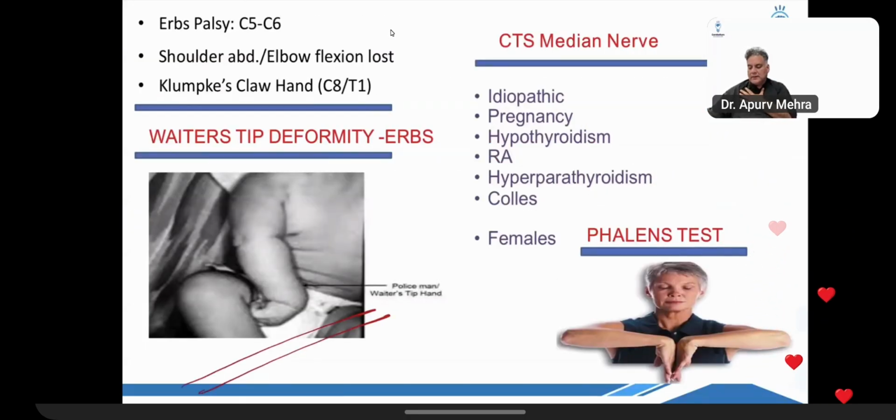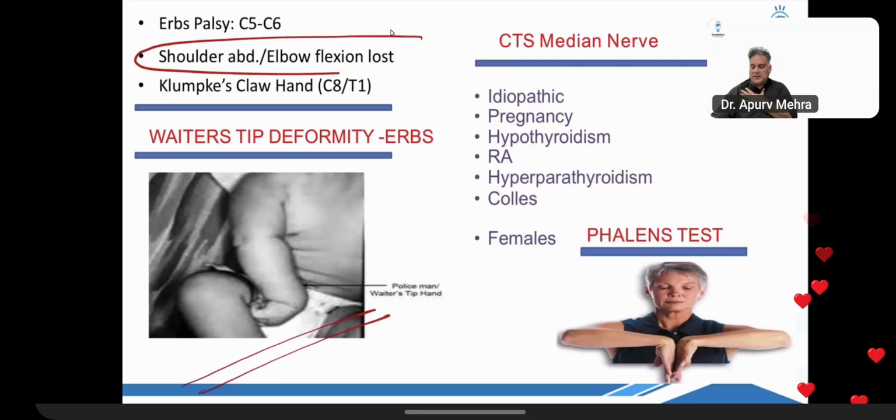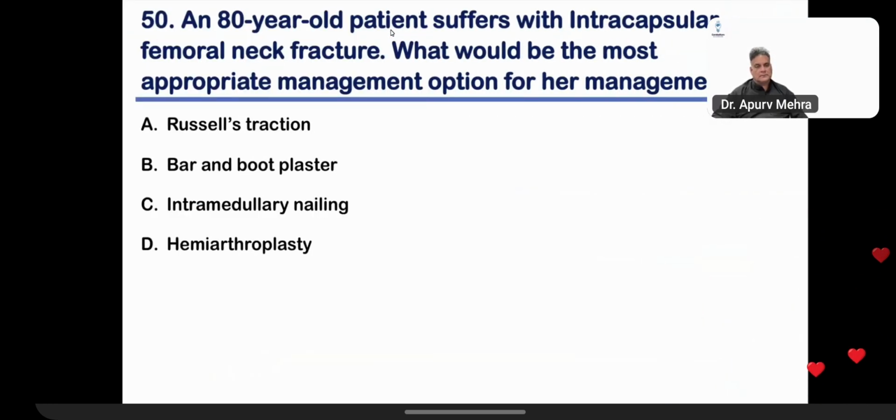This is what they say. Two important things which are not there are shoulder abduction and elbow flexion, the two most important movements to get back. Hemiarthroplasty.